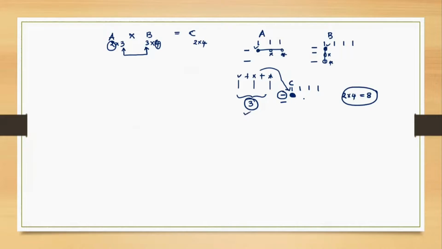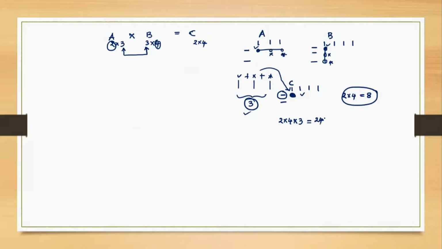The same logic is applicable for the second element, that is the first row, second column element of C. It again needs 3 multiplications. So the total number of multiplications required to get C, which is of dimension 2 cross 4, will be 2 cross 4 into 3, because each and every element needs 3 multiplications and altogether there are 8 elements. So 2 cross 4 is 8, into 3, altogether 24 multiplications are required.